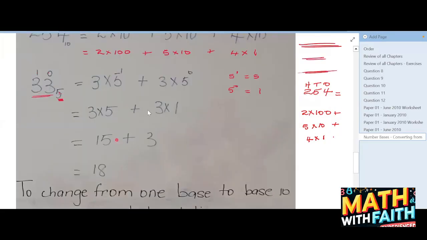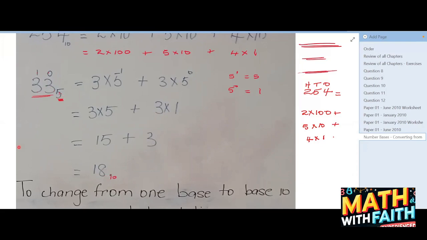What are 3 ones? 3 ones are 3. So 15 plus 3 will give me 18. So 33 in base 5 is 18 in base 10.